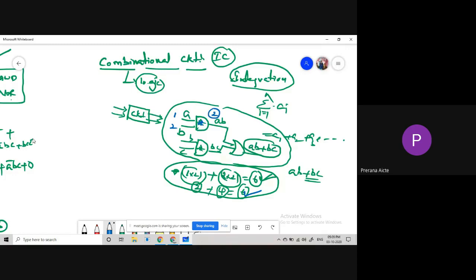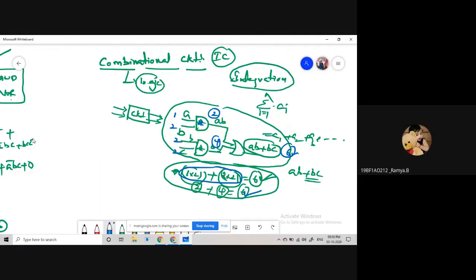Then for B, this one is 2 and this one is 2, so 4. We take these two results by calculator and get 6. So 1 into 2 plus 2 into 2 gives 2, 4, and then 6.